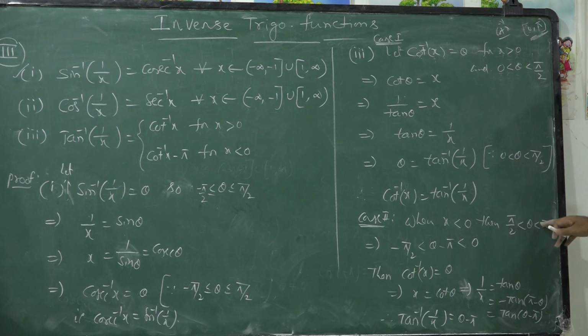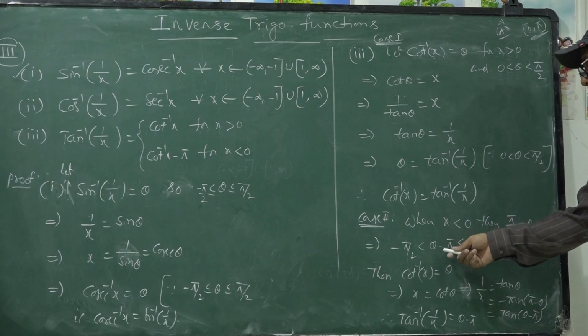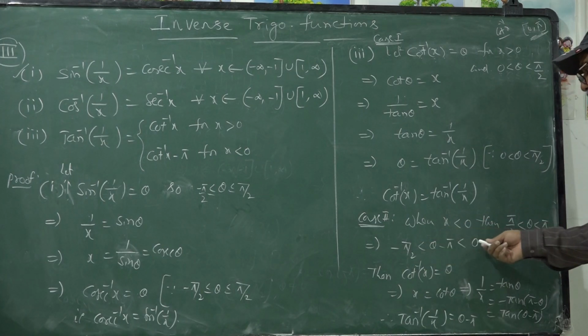Pi by 2 minus pi gives us minus pi by 2, and pi minus pi is 0. So, immediately theta minus pi lies between minus pi by 2 to 0.